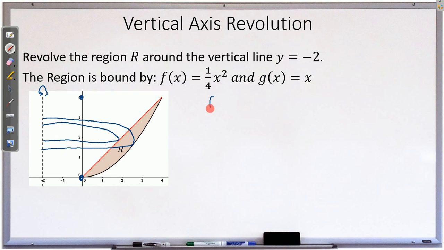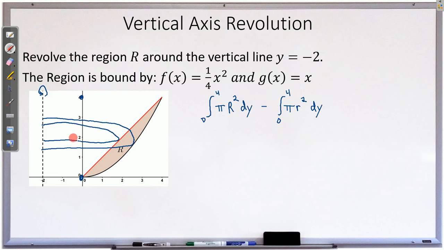So we're still going to do the integral of pi big R squared dy minus the integral of pi little r squared dy. So we're still going to be going from 0 to 4 as well. That's not changing.